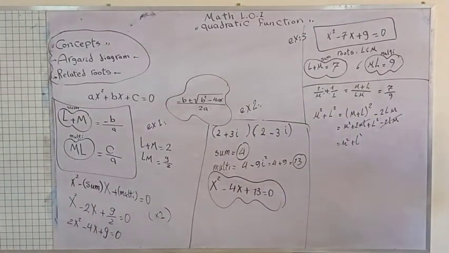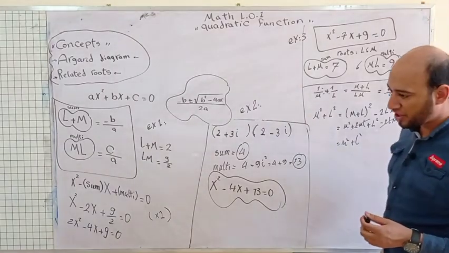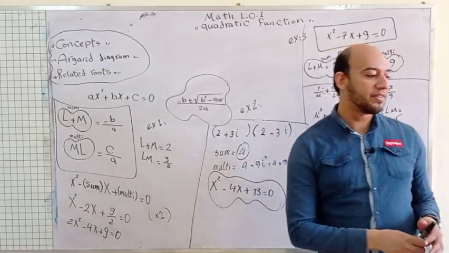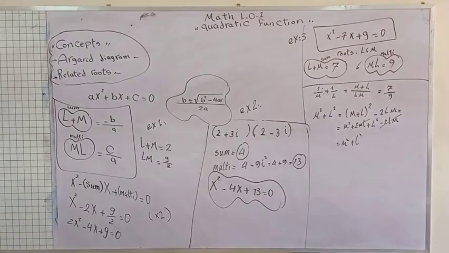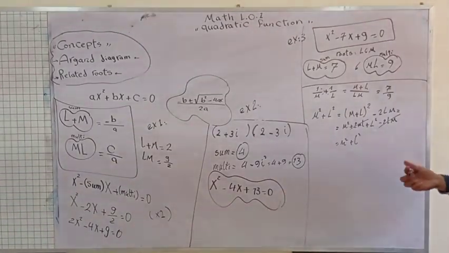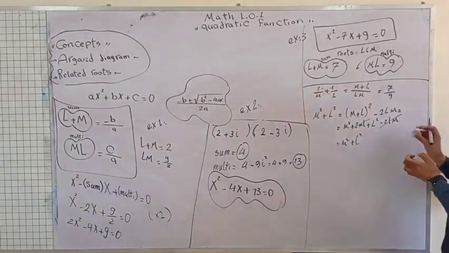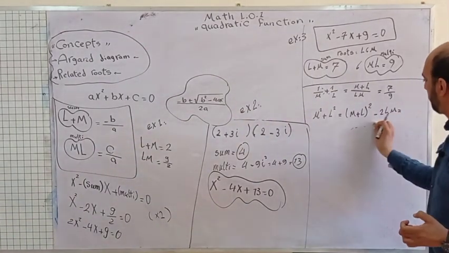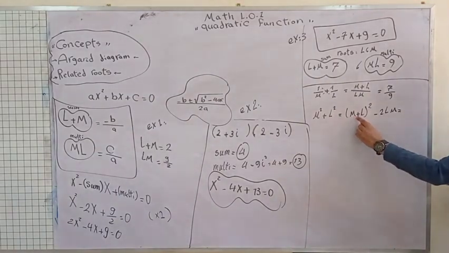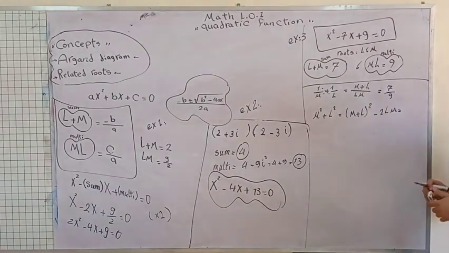Then we can use this relation to get the value of M square plus L square. M plus L all square, we know M plus L is equal to 7.